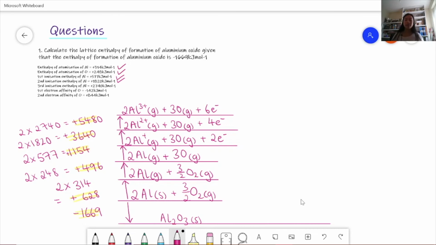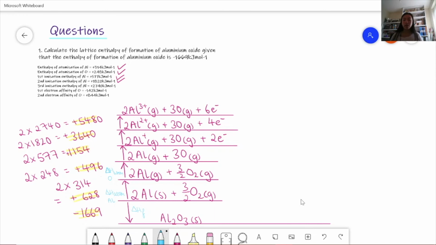on the other side. Now another thing which will be very useful to do is to actually label all the different steps that you've done. So for example, this one would be the delta H of formation. This one would be the delta H of atomization of aluminium. And then this is the delta H of atomization of oxygen.